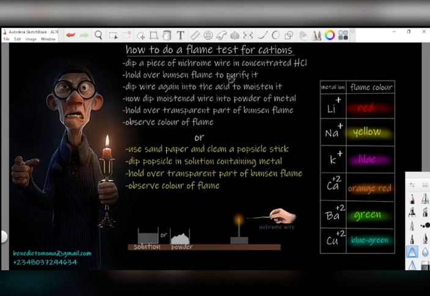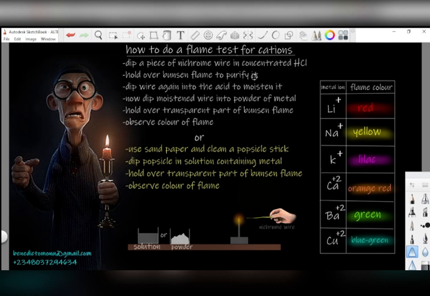Why would you purify the nichrome wire? Sometimes in a laboratory or due to storage, dust particles may settle on the nichrome wire, and it may begin to give you wrong observations when you carry out the flame test. Incorrect observations. The dust particles themselves, they are chemicals.